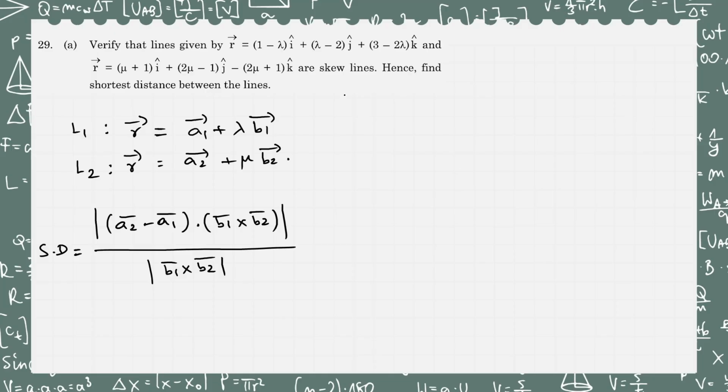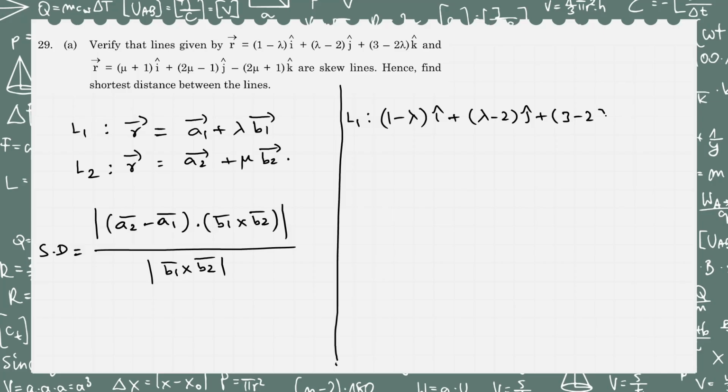So we have to find out the needed things. Let us write the line 1 given to us. 1 minus lambda times i plus lambda minus 2 times j plus 3 minus 2 lambda times k. And we can split this like 1 into i minus lambda i plus lambda j minus 2j plus 3k minus 2 lambda k.